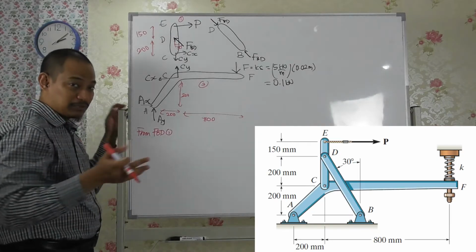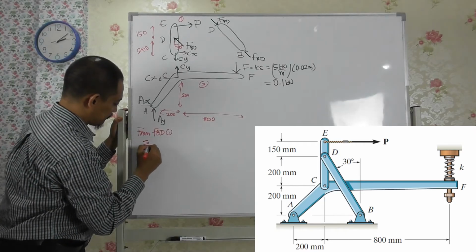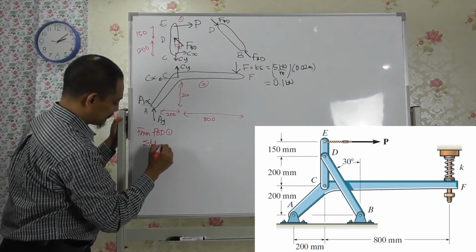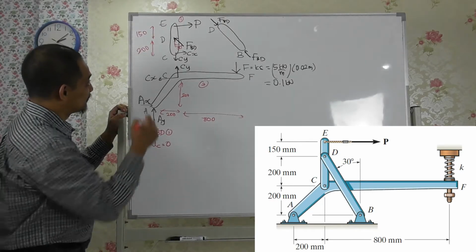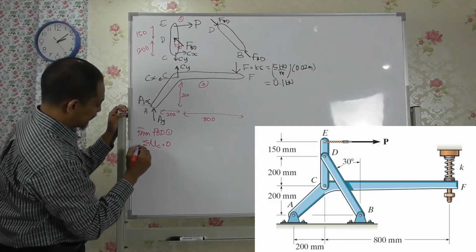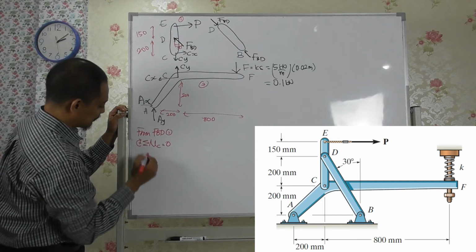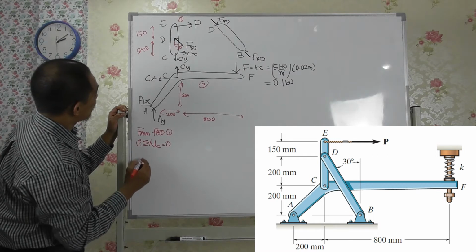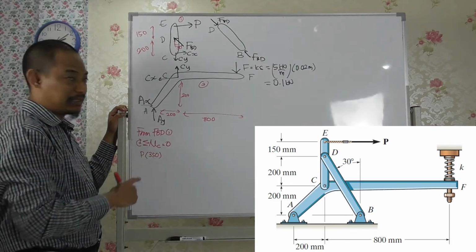Because mostly it will involve simultaneous equations anyway, right? So if I take summation of moment about point C, for example, because I just want to relate P and FBD, sorry. So then I will get, if I take clockwise as positive, P times 350, if this is in millimeter.